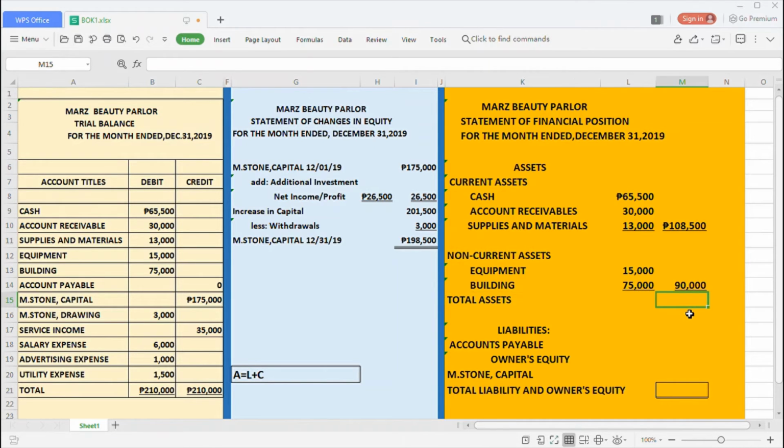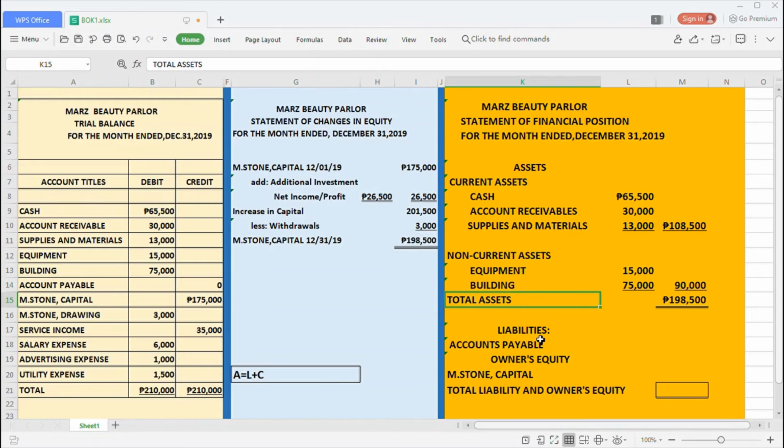How do we get it? Alright, so equal sign lang tayo here. Okay, tapos select natin ang total current assets natin, which is 108,500 plus our non-current assets, that is 90,000. That is our total current and non-current assets.